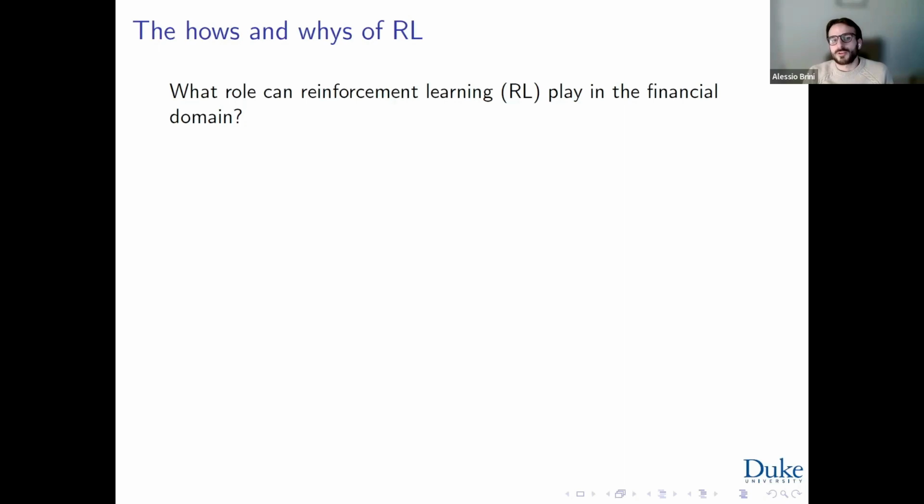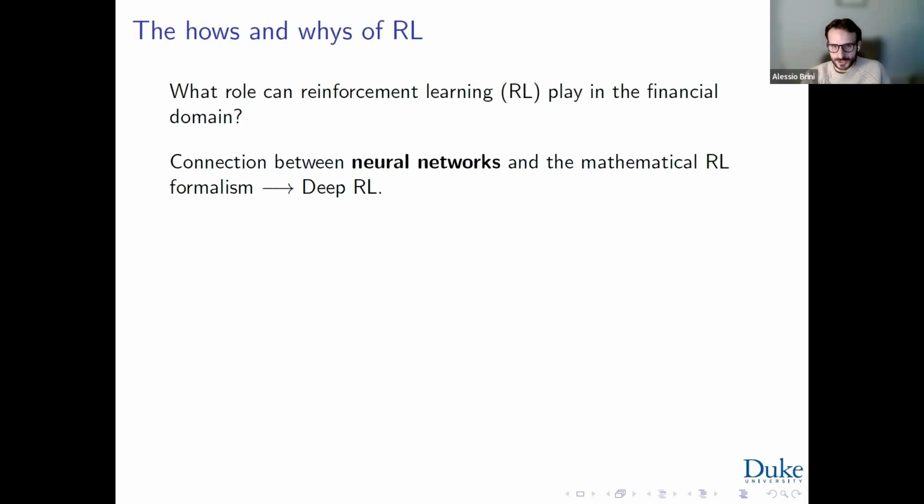In general, you may want to use reinforcement learning when you want to solve a problem that has sequential decision making over time. Whenever you have the time component, reinforcement learning can be useful to solve your problem. And as you probably know, the financial domain is full of problems where you have to take decisions over time, and therefore it seems to be the perfect paradigm of machine learning to be applied in our domain. This is one of the topics that I'm going to touch today.